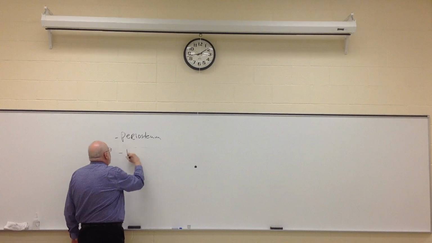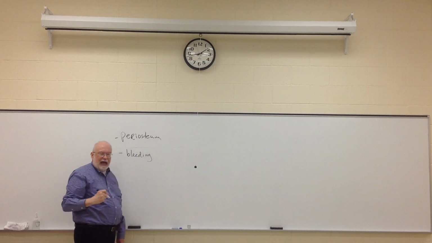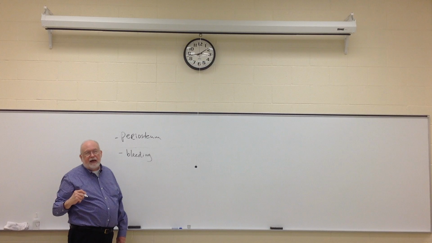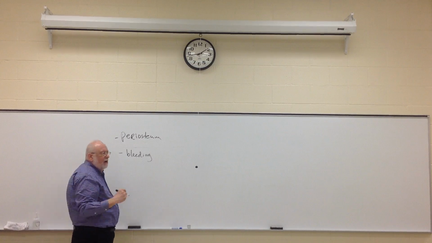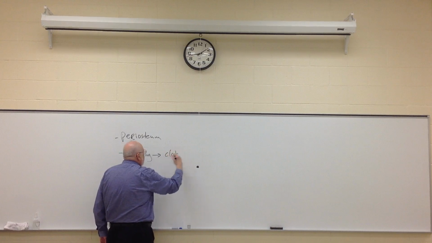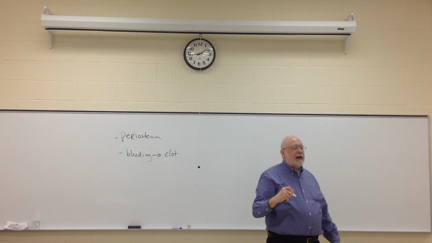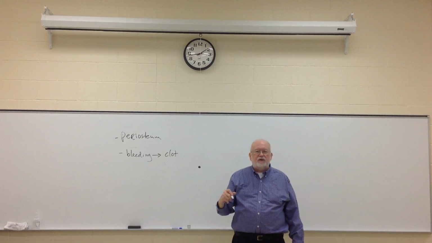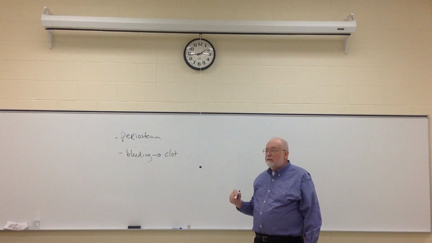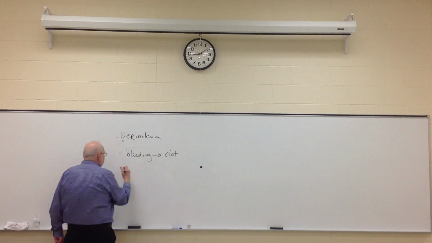All right, so then we end up with bleeding into the area, because remember, bone is highly vascularized, so you're going to get bleeding, and the bleeding is going to lead to the formation of a clot. So a clot forms between the two broken ends of the bone. This is how the bone fixes it. Now, what happens with clots?